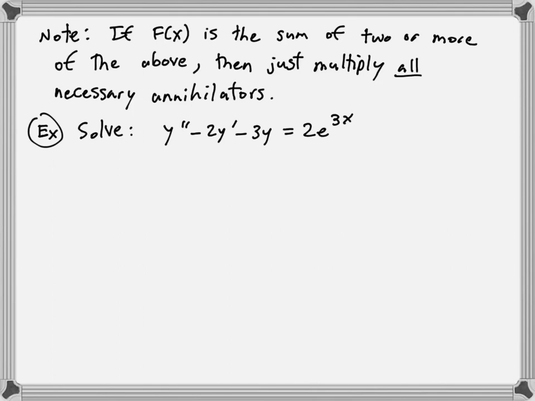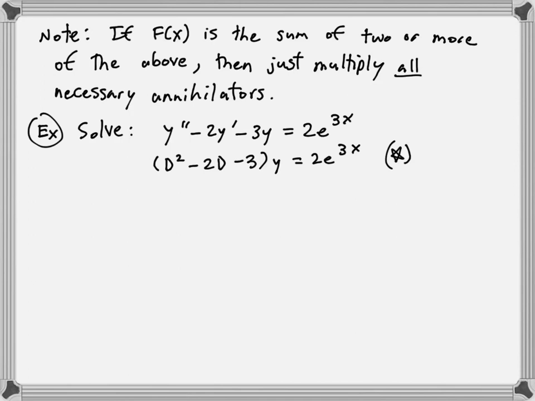Okay, it helps to take this differential equation and immediately rewrite it using differential operator notation. D squared minus 2d minus 3 equals 2e to the 3x. And I'm going to call this guy star.